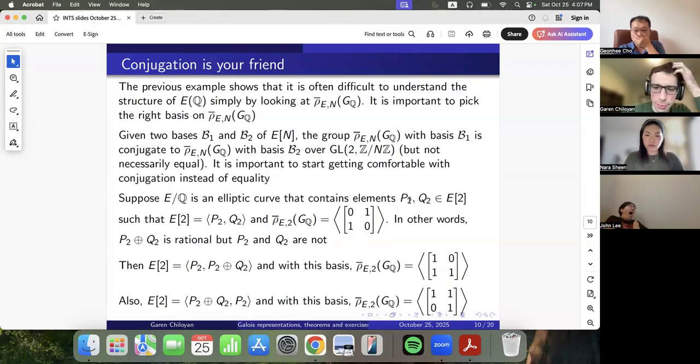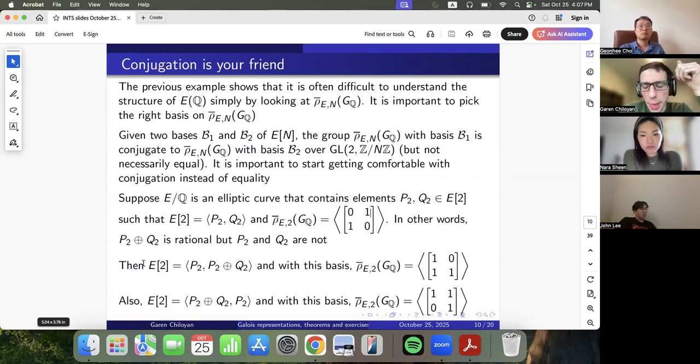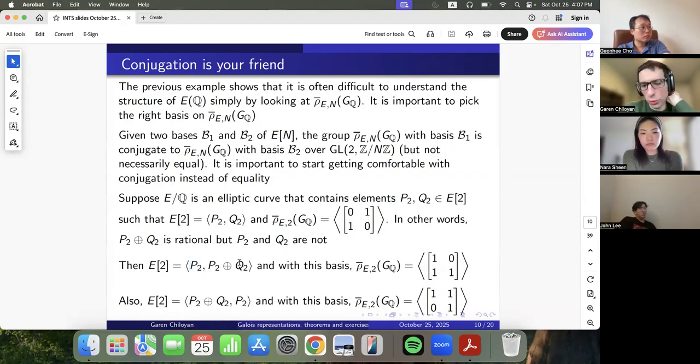So if you give yourself a viewpoint of working with conjugation, it's much better than forcing yourself to do equality. For example, if you have P2 and Q2, like the previous example, and you use just the basis P2, Q2, you have this group. It's better to put your rational point as one of the elements of the basis. Say you have P2 here and P2 plus Q2 on the right side. With this basis, the image of the mod 2 Galois representation is lower triangular.